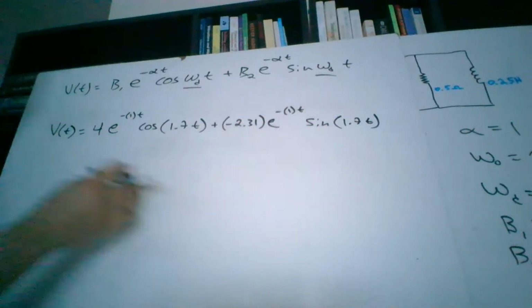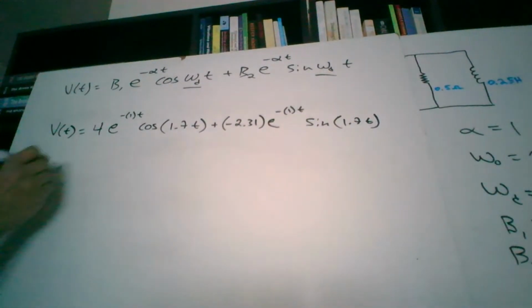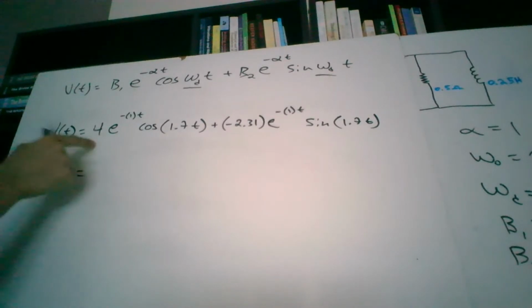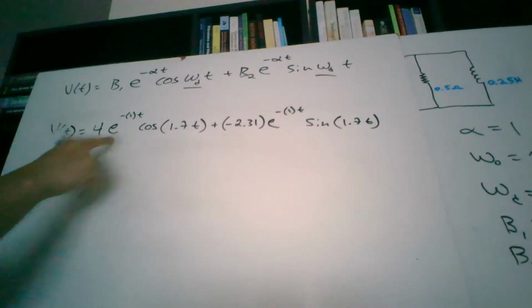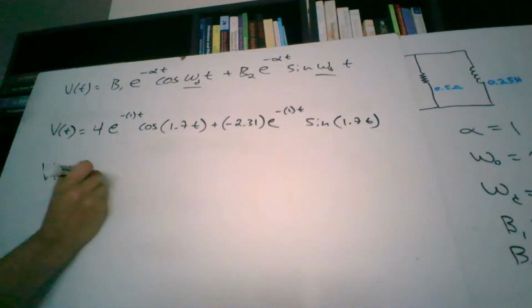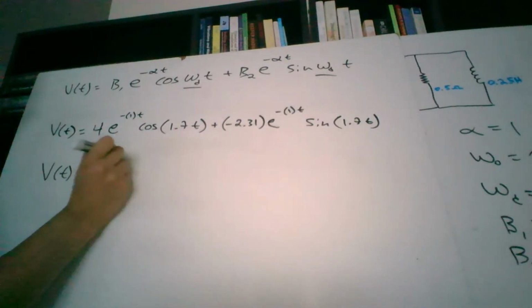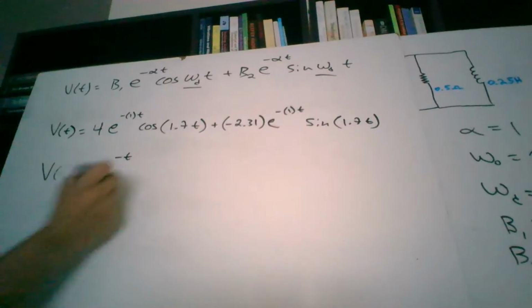And let's just make it a little bit nicer, just because I like to look at things a little bit nicer. It's more aesthetically appealing anyways. There's an e here, there's an e here, you can factor it out. So we get e to the power minus t, that gets factored out.